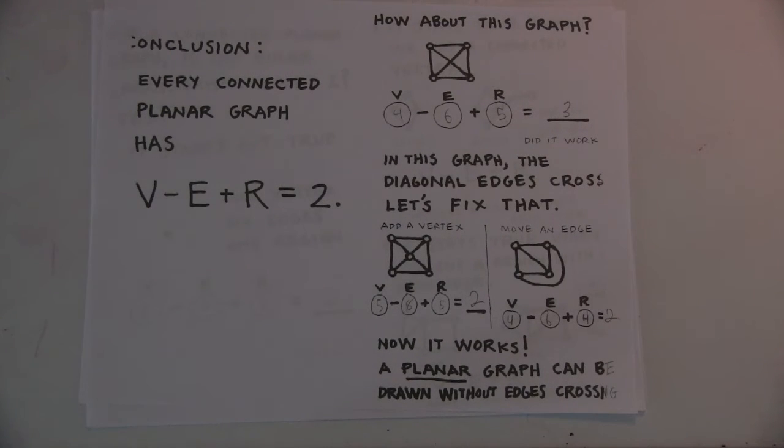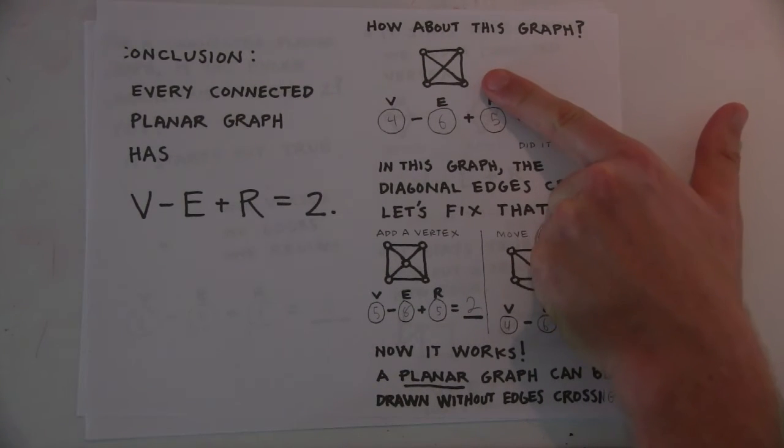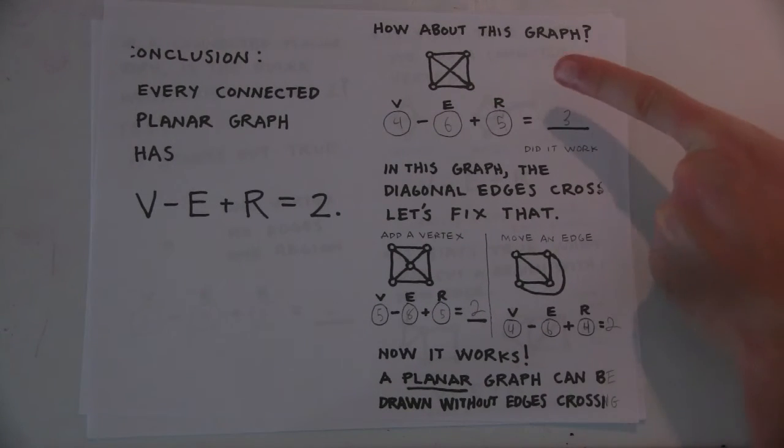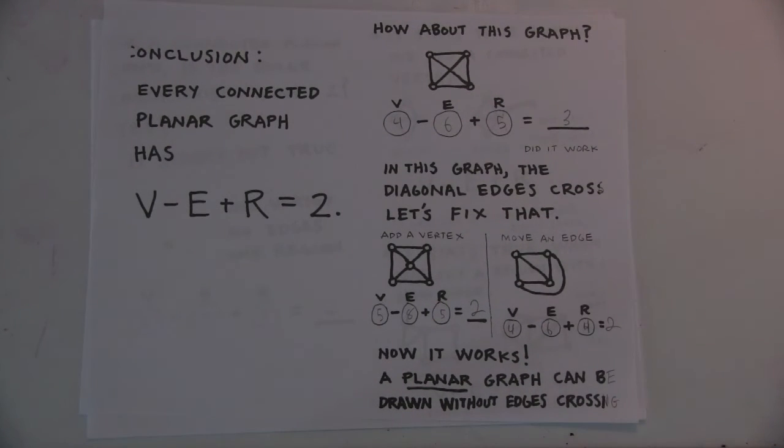There's some error with it. Well, not that there's an error. I mean, there it is, right there. That's what it is. It's not an error in it. But what does it fail to meet in our definition? That every connected planar graph satisfies vertices minus edges plus regions equals 2.